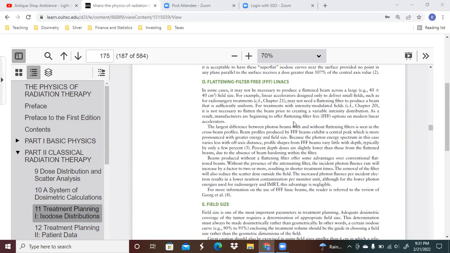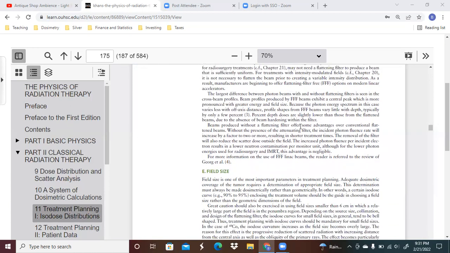The largest difference between photon beams with and without flattening filters is going to be seen in the cross beam profiles. The beam profiles produced by FFF beams exhibit a central peak, which is more pronounced with greater energy and field size. Because the photon energy spectrum in this case varies only with off-axis distance, profile shapes from the FFF beams vary little with depth, and typically by only a few percent.